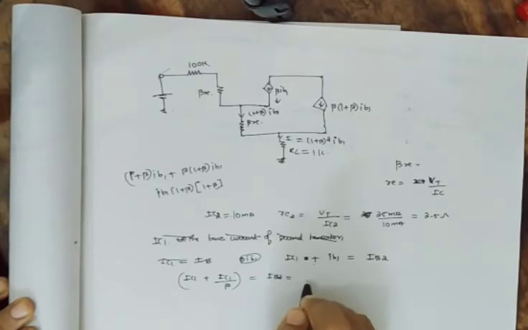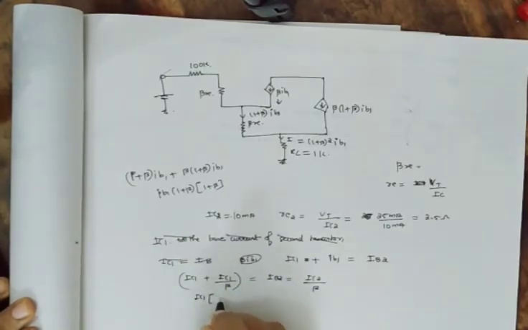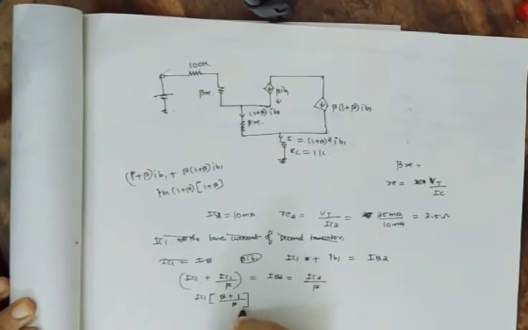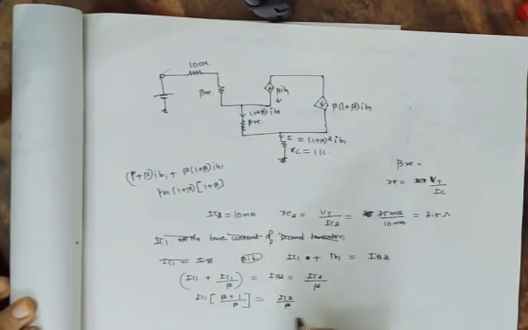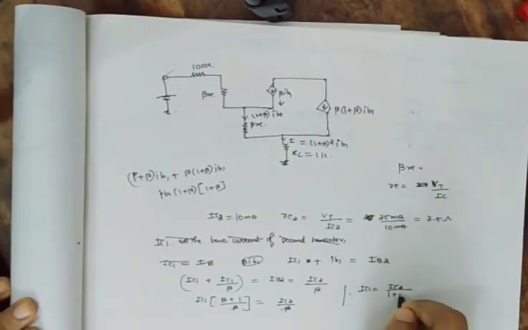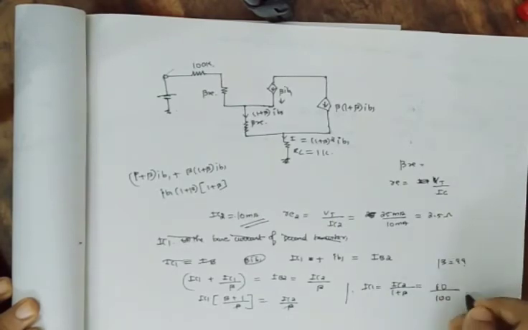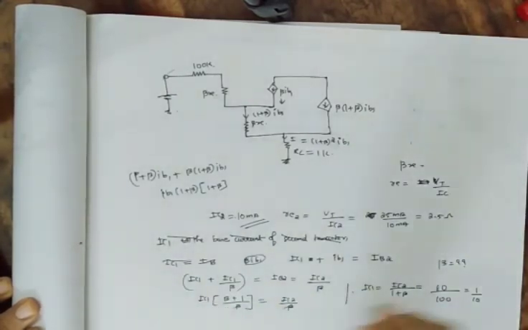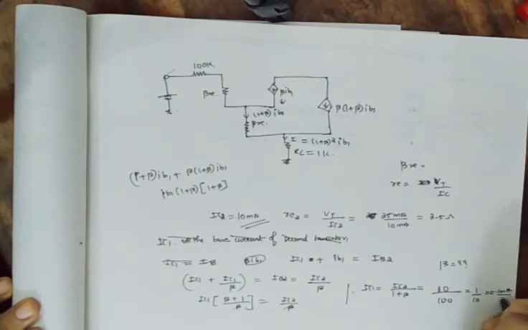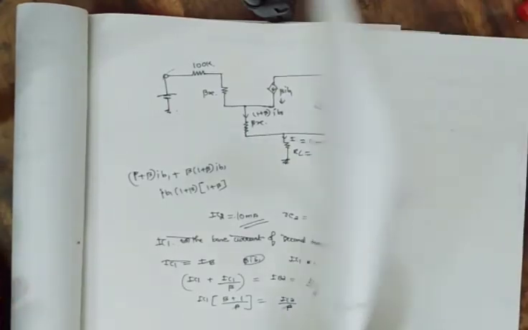What is IB2? IB2 is equal to IC2 divided by beta. Okay, so IC1 into beta plus 1 divided by beta equal to IC2 divided by beta, and we get IC1 equal to IC2 divided by 1 plus beta. We got IC2, which is 10, divided by 1 plus beta is 100. Beta is equal to 99. So we get 1 by 10, that is 0.1 milliampere. Okay, so that is IC1.